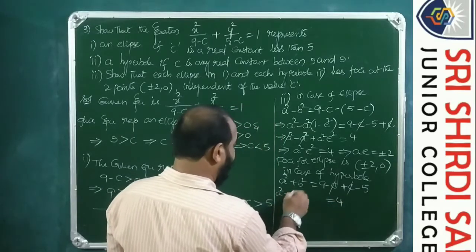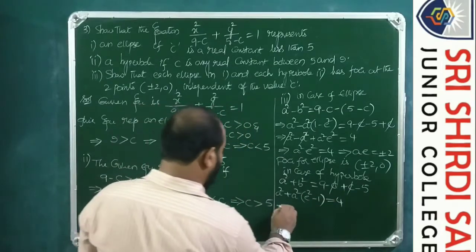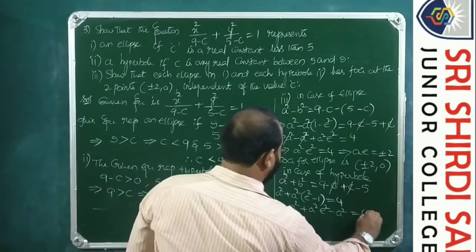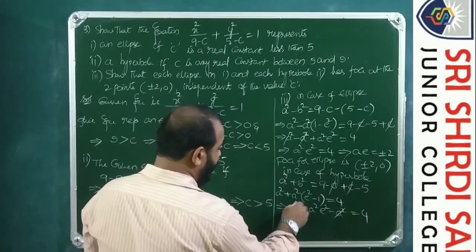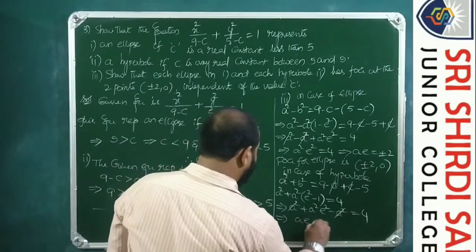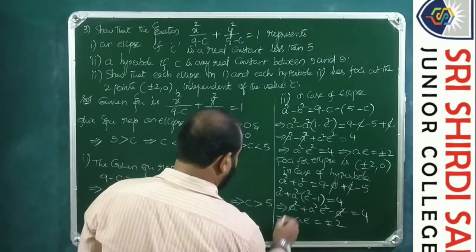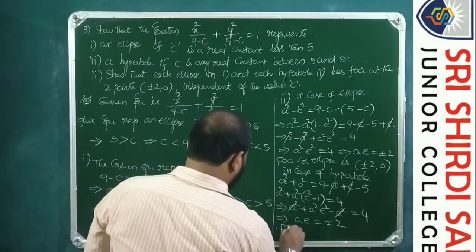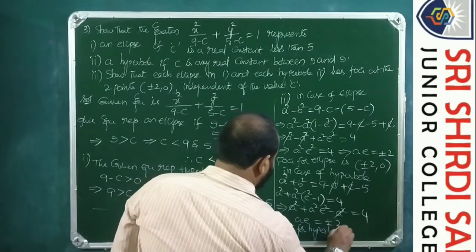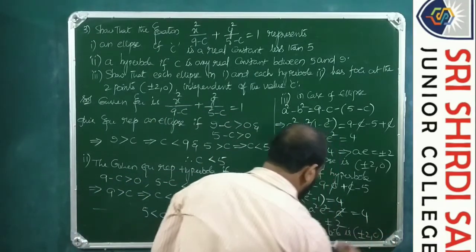B square value is a square into e square minus 1. So this is a square plus a square e square minus a square is equals to 4. A square gets cancelled. A square e square equals to 4 again. So ae is equals to plus or minus 2. Therefore, foci for hyperbola is also the same, plus or minus 2 comma 0.